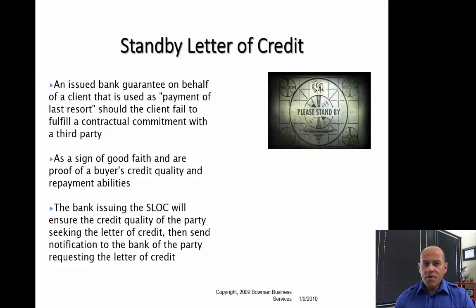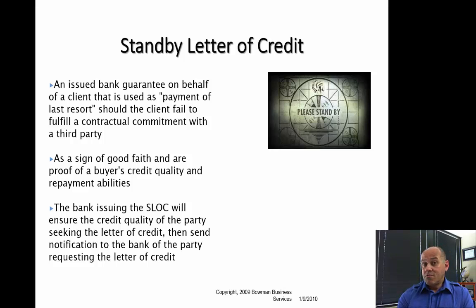The bank issuing the standby letter of credit will ensure the credit quality of the party seeking it, then send the notification to the bank of the party requesting that letter of credit. So it's basically using a bank, using a standby, as a form of collateral.